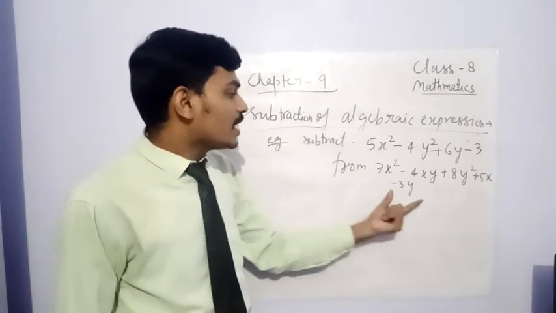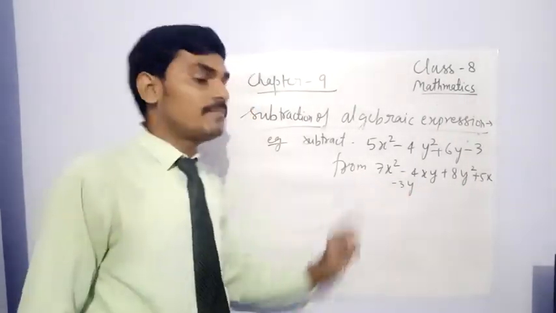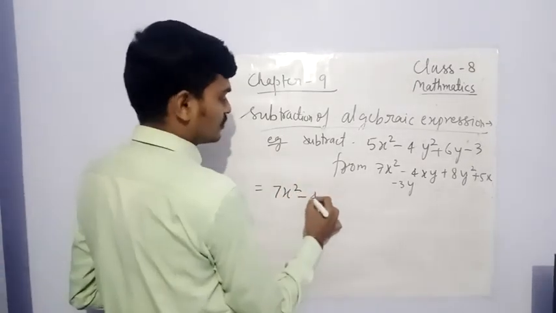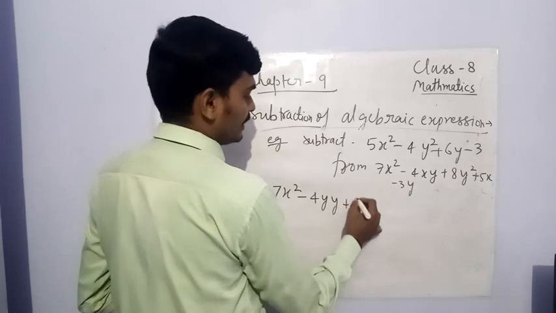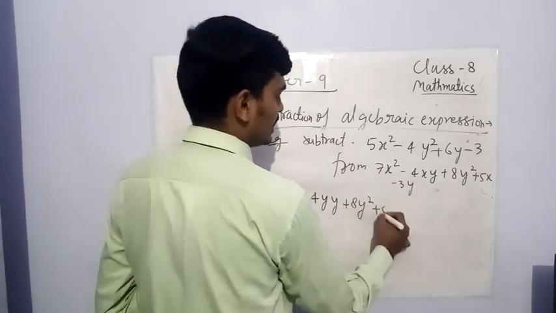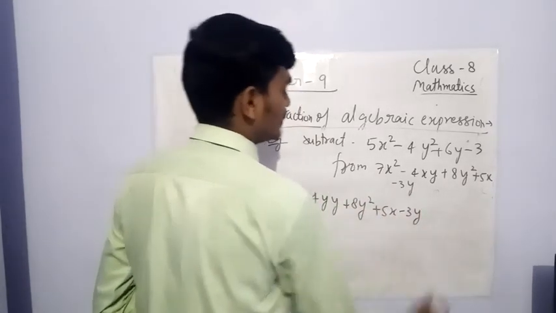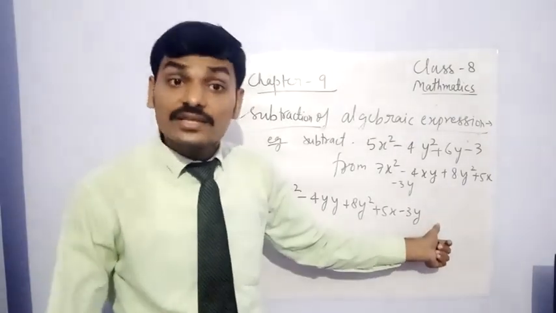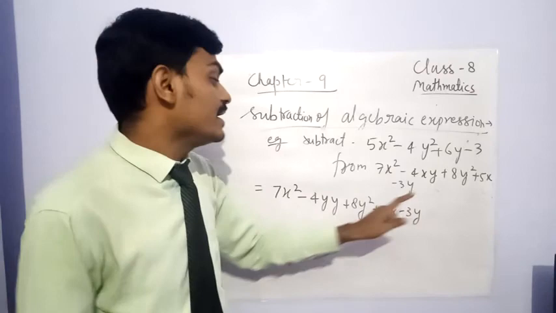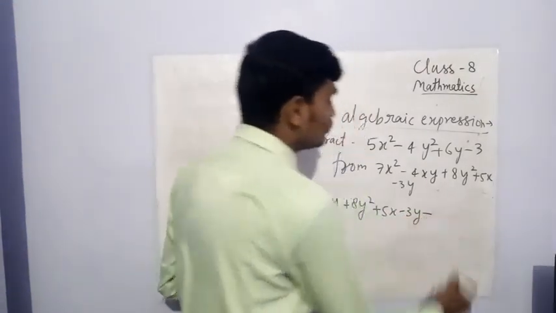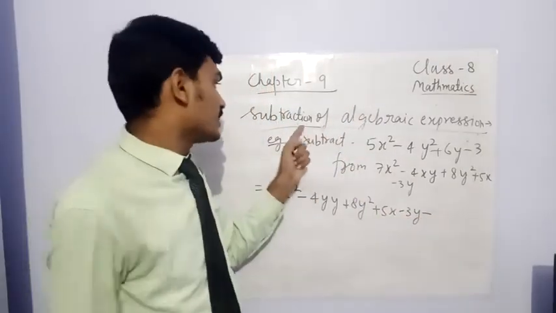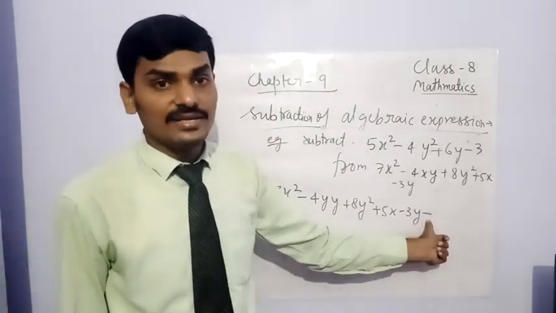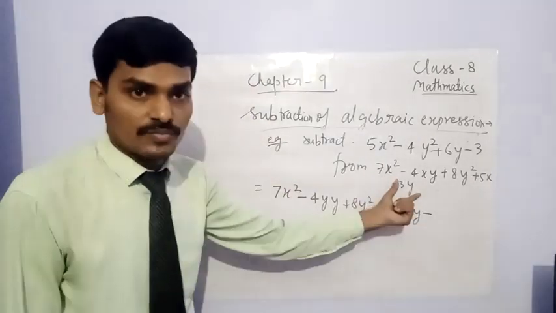So 7x square minus 4xy plus 8y square plus 5x minus 3, and we will write a minus sign after it. Why? Because we have to subtract. So we will place the minus sign here after this expression.